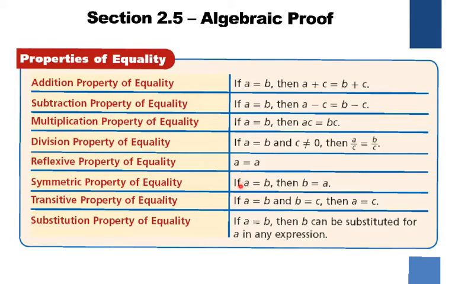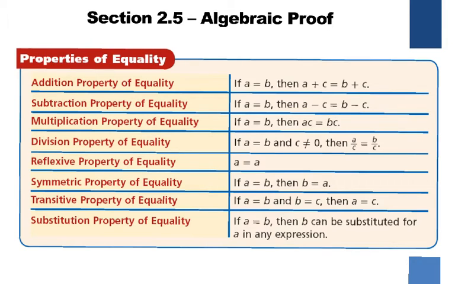If we have A equals B, sometimes we have to flip it around and say that B equals A. And the transitive property of equality, it's kind of like our law of syllogism, if you remember that, where we have something like this, A equals B and B equals C. So if we know those two things are equal to each other, then we can say that A equals C, kind of like cutting out the middleman here, okay? Just like that law of syllogism.